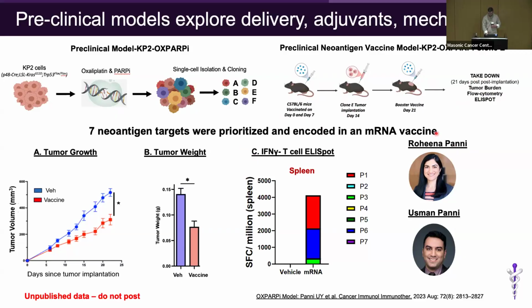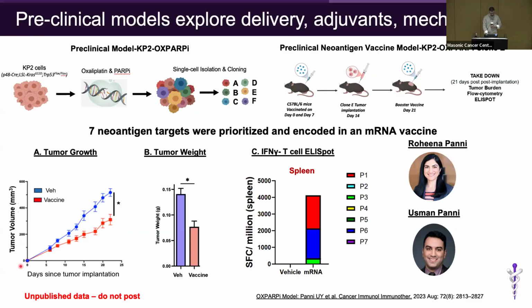In this example, which is really led by Rohina Pani, a surgeon at WashU, she chose from the output of our workflow 7 neoantigen targets that she thought looked like the best candidates, encoded those into an mRNA vaccine and used that as the vaccine to treat the mice.